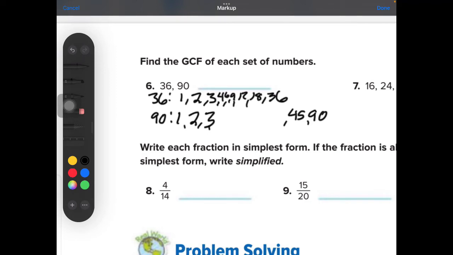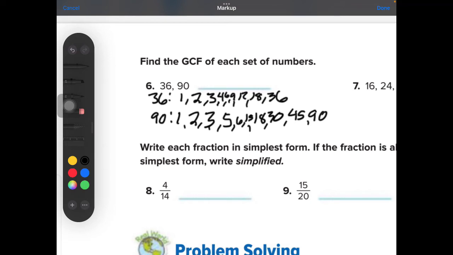We have 3 and 30. So let's try 90 divided by 4. Nope. 90 divided by 5. Yep. 5 and 18. And 90 divided by 6. Ooh, barely enough room. 6, 15, little baby.